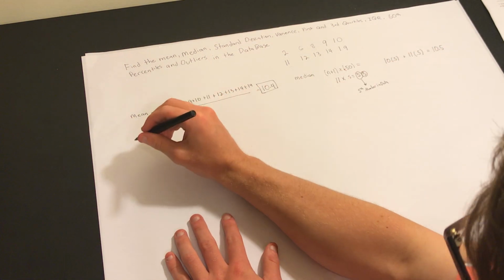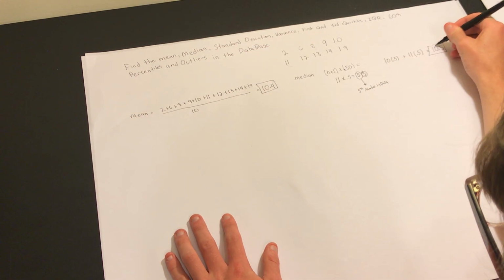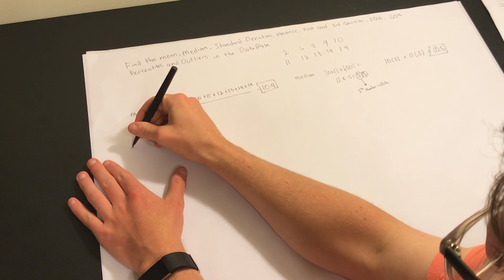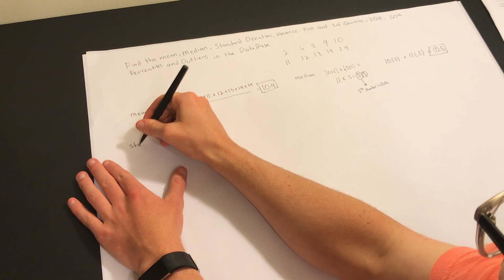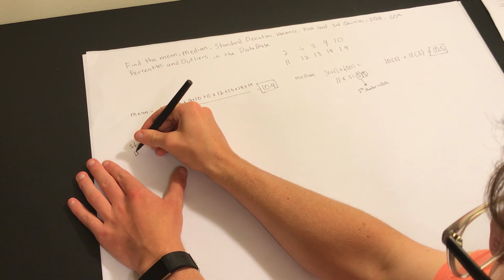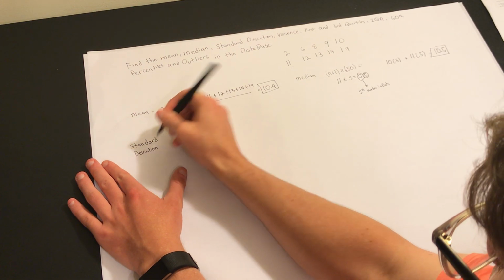The next thing that we're going to calculate is the standard deviation. You're going to have a formula on your formula sheet to be able to calculate this, but it's a little difficult to explain, so I'm just going to write out the formula.